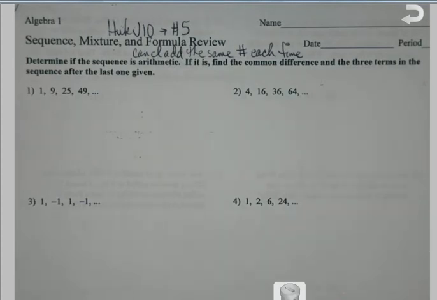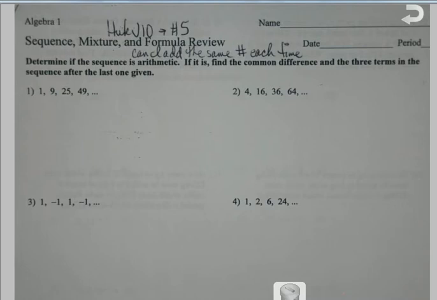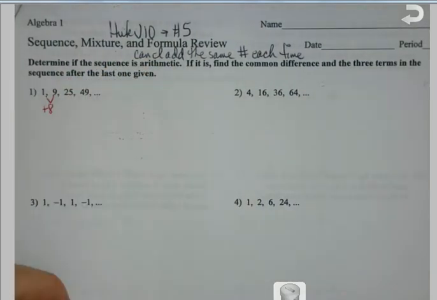So the way we did this before is we just kind of figured out from number to number, what are we adding by? So like to get from 1 to 9, what am I adding? 8, okay. So to get from 9 to 25, am I adding 8?